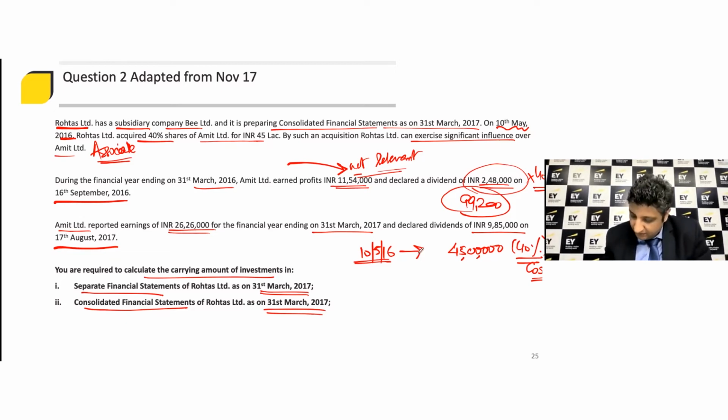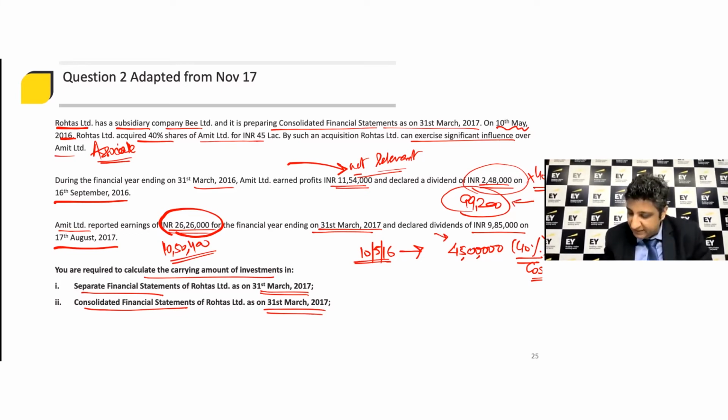And then the reported earnings for the year ended 31st of March 2017 are 26,26,000, which means that you take again the 40% of that value, which comes to 10,50,400. Effectively, you made an investment at 45 lakhs.